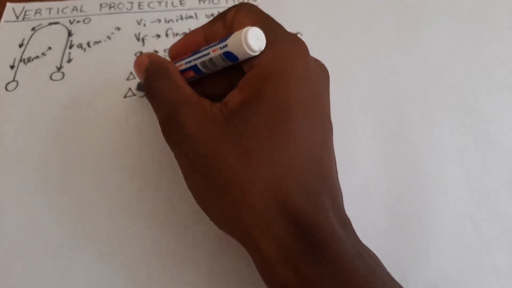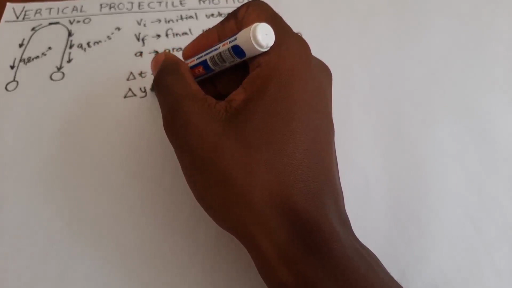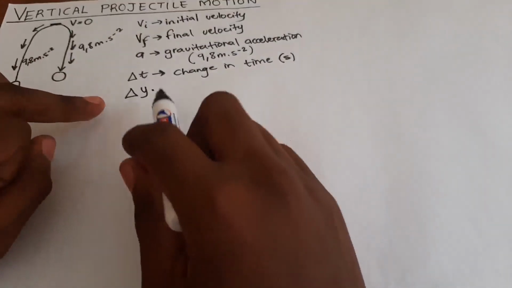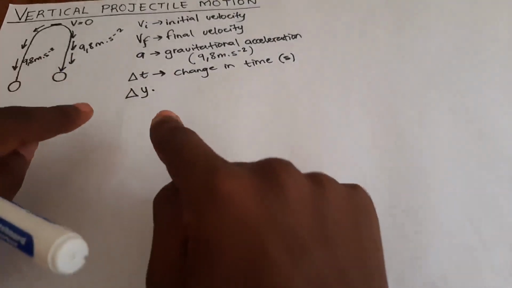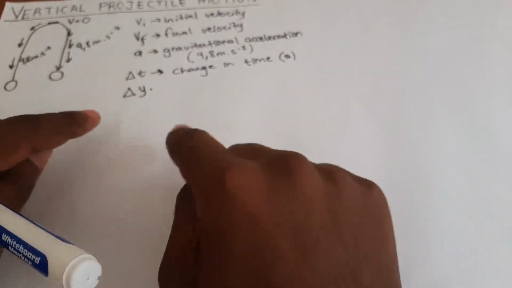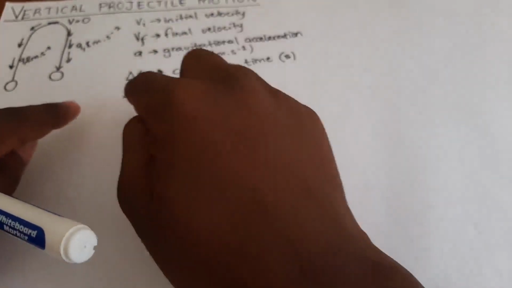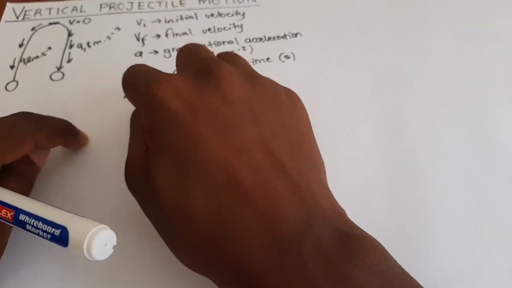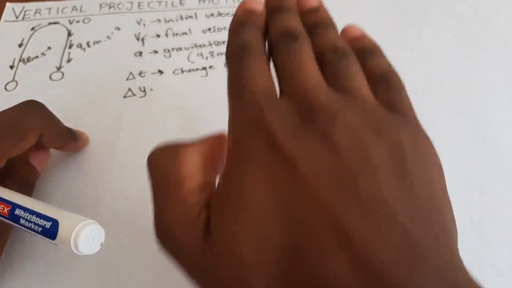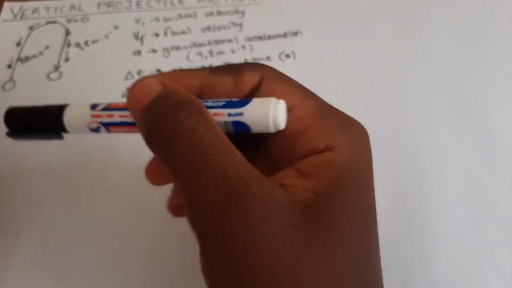So we also have change in displacement, and this is why we're going to speak about change in y. We have the same formula as change in y and change in x, but since we're speaking about vertical projectile motion, we're going to speak about change in y. We apply change in x when speaking about horizontal, but now we're speaking about vertical in this topic.